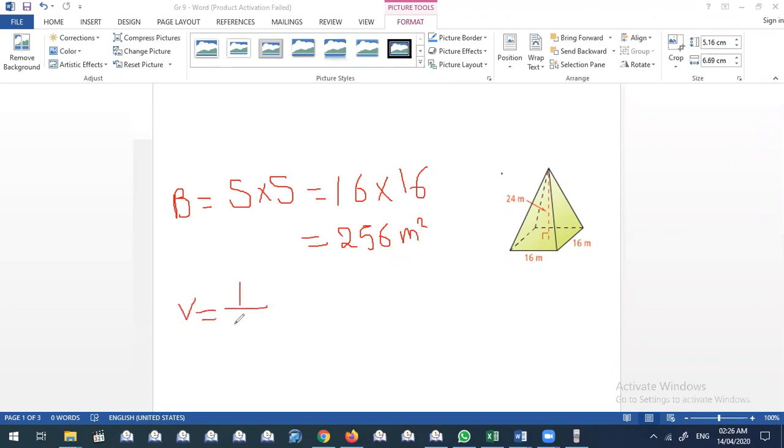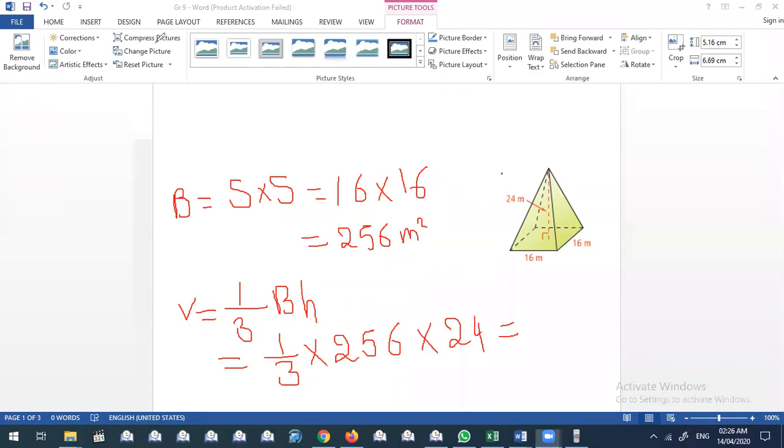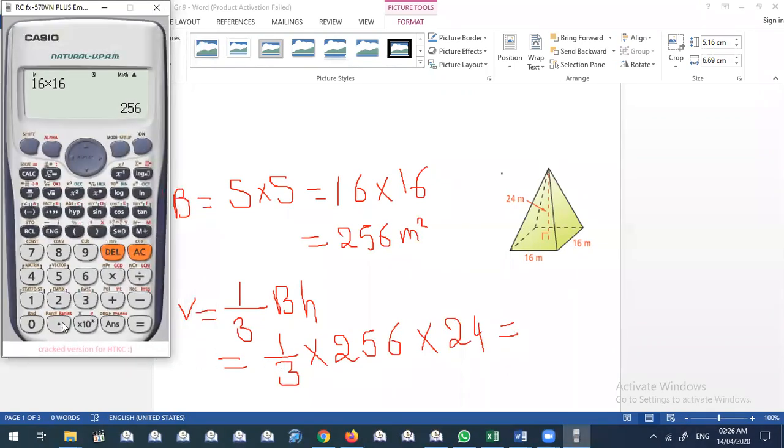Now we can find the volume of this pyramid. Our rule is one third BH. So it will be one third times B, which is 256, times H, which is 24. So find the answer by using the calculator.